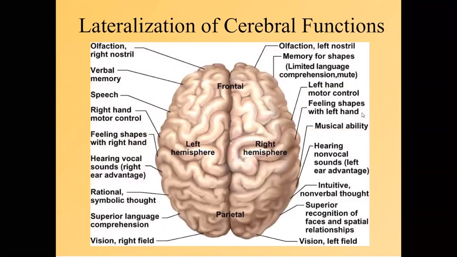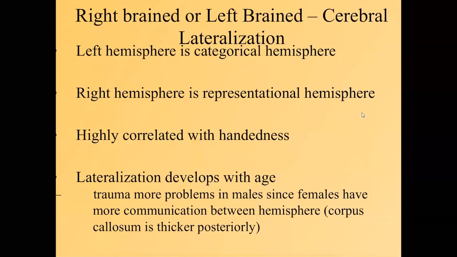Okay, now here is cerebral functions, and when they say somebody's right-brained or left-brained, here's just a big picture that has everything listed. On here, the right hemisphere is on the patient's right side, and the left is on the left side. Okay, and this sulcus is what's dividing them. So if the left brain is considered categorical, look here.